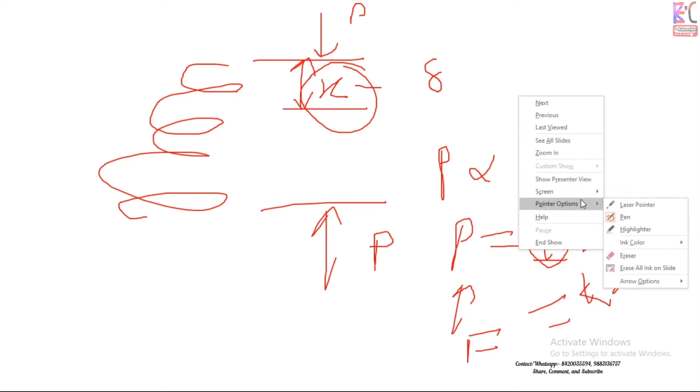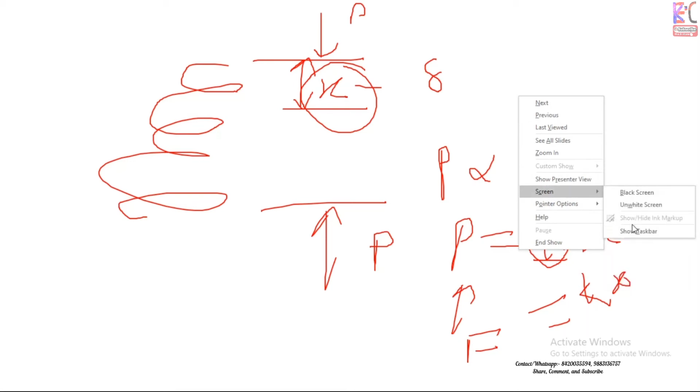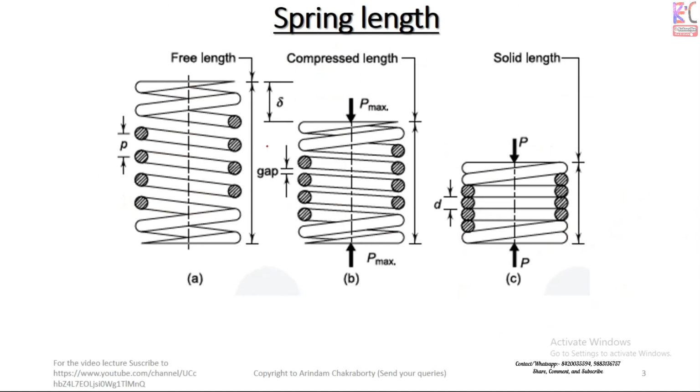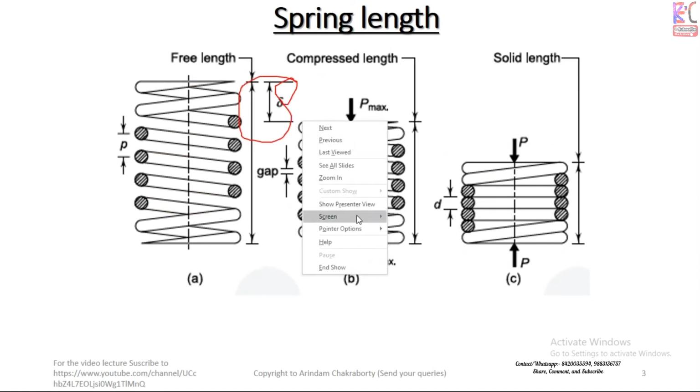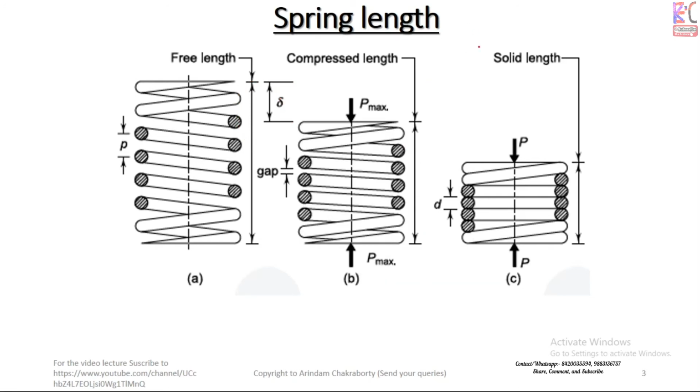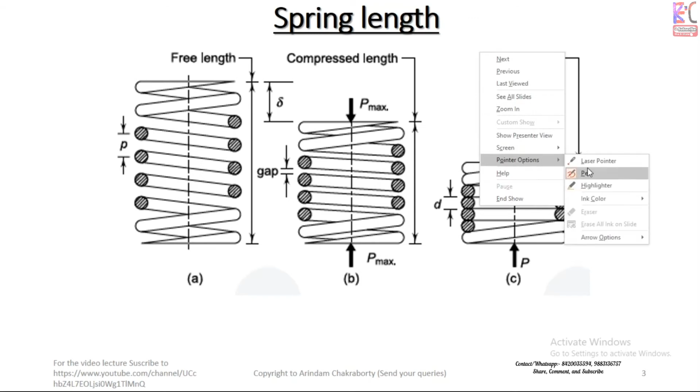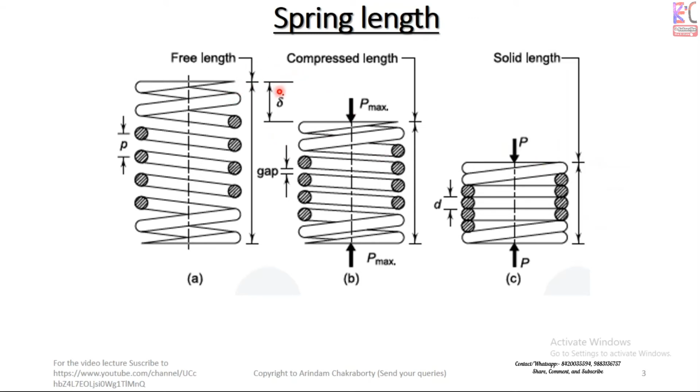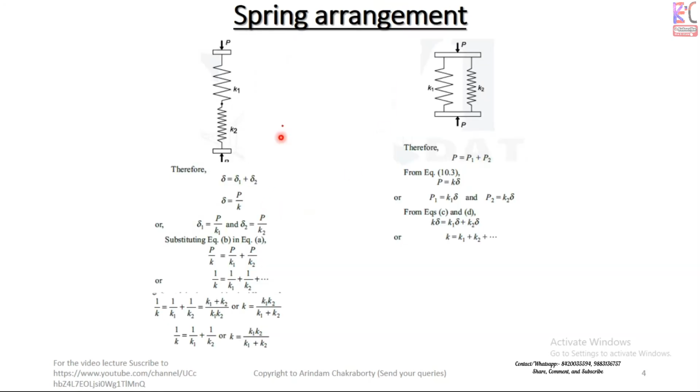Okay, now let us go back to our thing where we could understand. See, this is what the deflection is. Fine. And how it looks, you can see that when a force is applied, P is equal to k del x. Fine. Now you can see, the spring can be arranged in two ways, that is in a series way or in a parallel way.